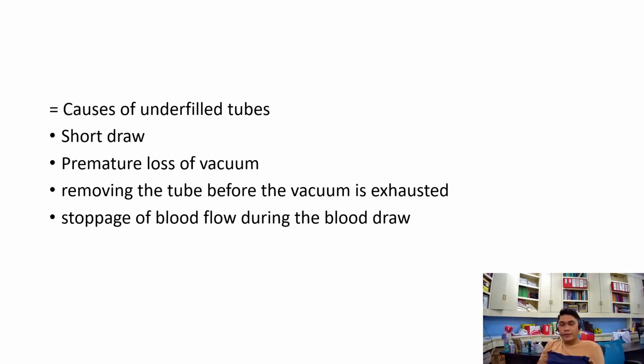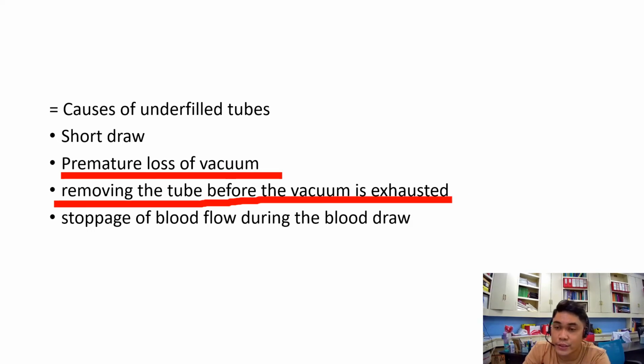Then next, you have causes of underfilled tubes, or short draw. First, you have premature loss of vacuum. That's the first cause of underfilled tube. Next, removing the tube before the vacuum is exhausted, and stoppage of blood flow during the blood draw.